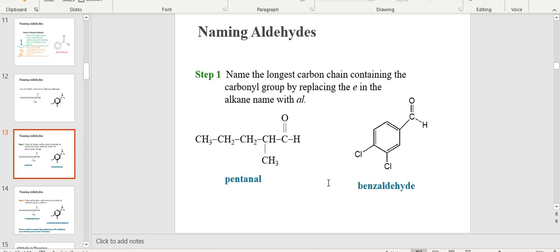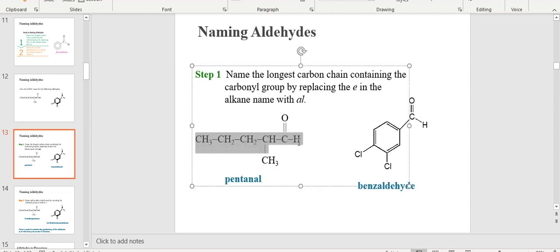And this is how I want you to do this. Remember I told you, when you're naming these, you got to name them from the back side and work forward. So here, we've got our pentanal. Good. Here, if you don't look at the chlorines, you've seen this before, that's benzaldehyde.